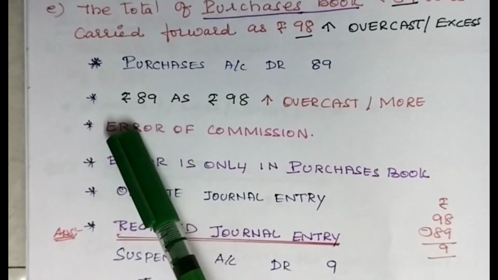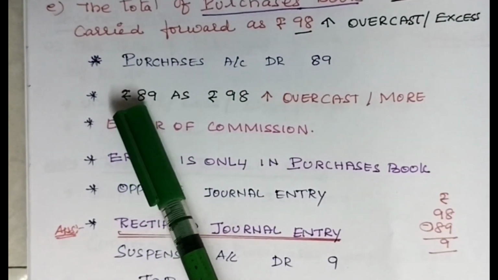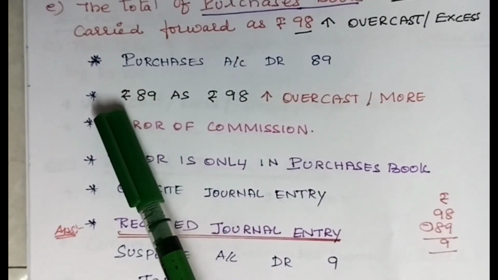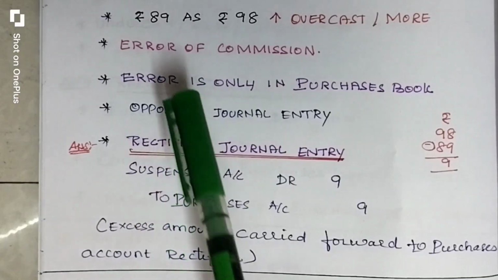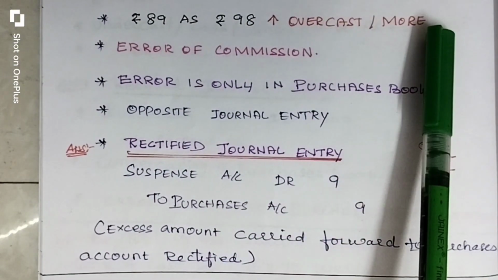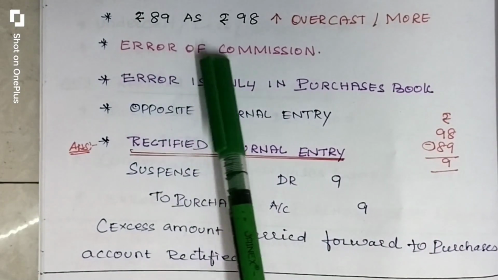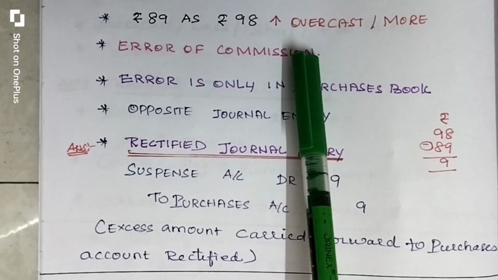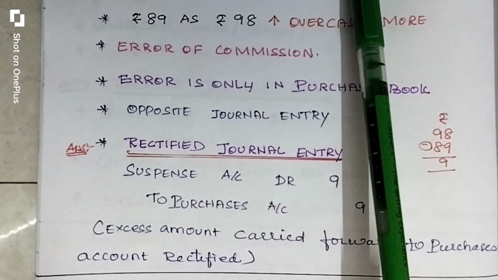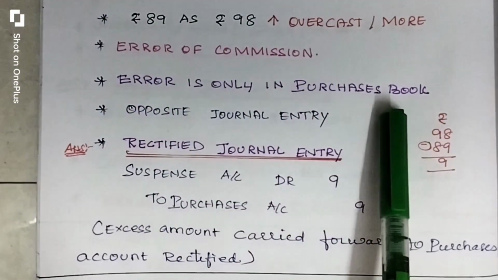The error is in the amount. Instead of 89 rupees, the accountant has 98 rupees. That is called overcast, or more, excess. This is called error of commission. Purchases account is affected. The error is only on the purchases book.